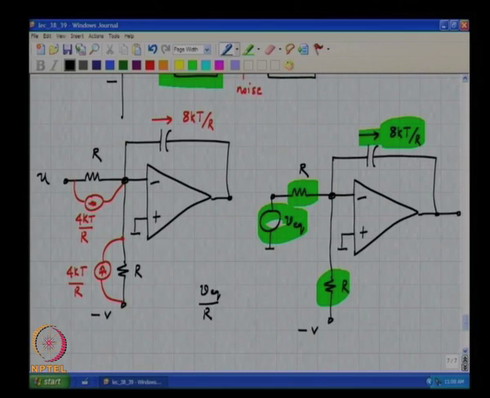So, spectral density wise I must divide by 1 by R the whole square.